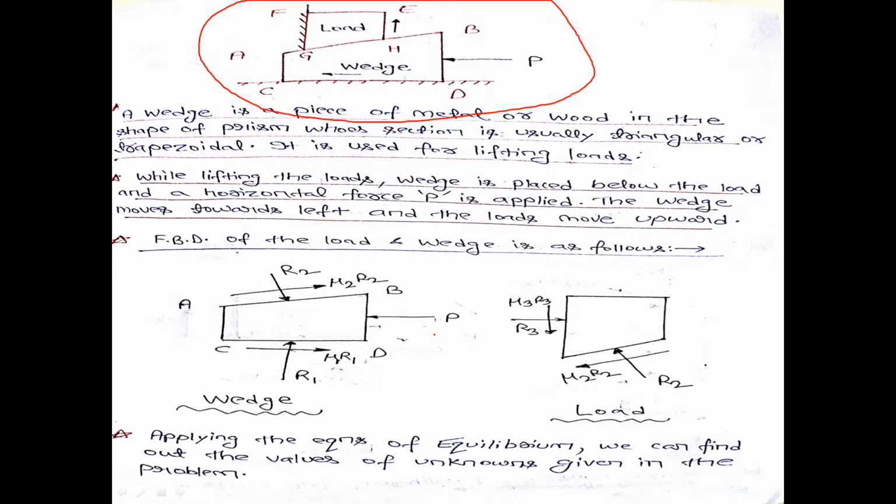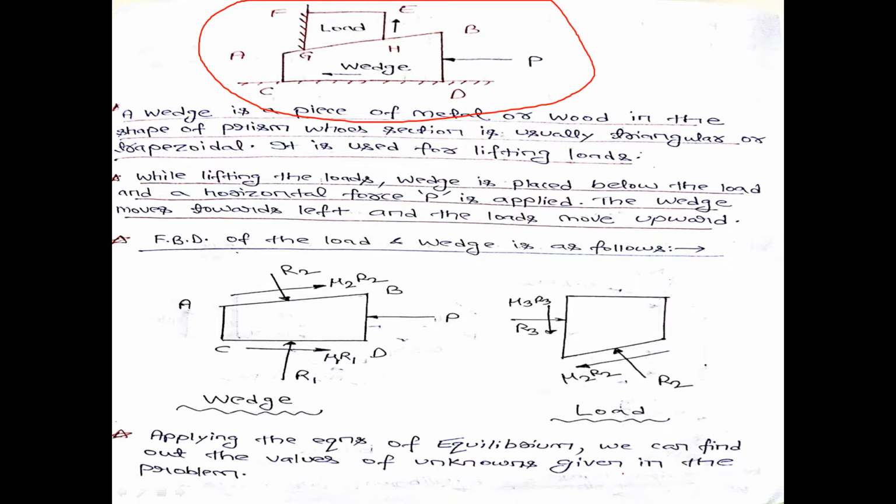So individually we will draw the free body diagram of both the wedge and the load separately, and then we will use the equations of equilibrium to find the values of the unknown parameters from these free body diagrams. So let us see what forces act on the wedge and on this load during the entire motion.